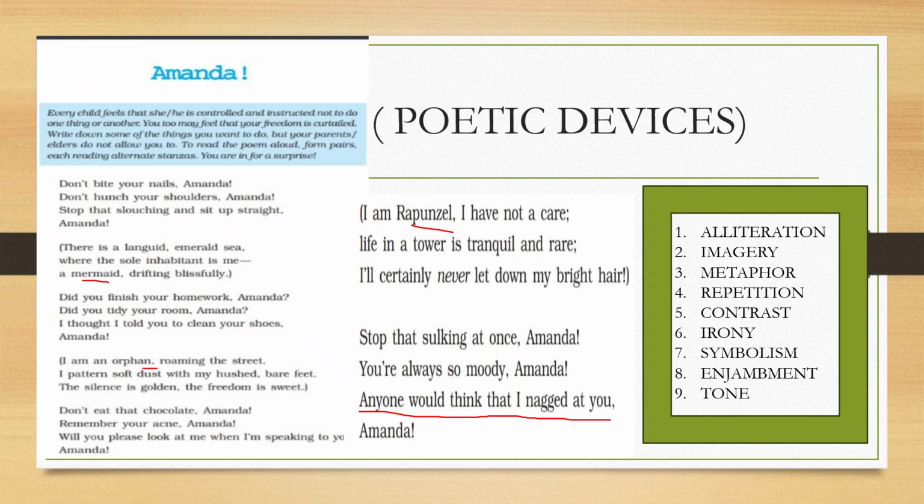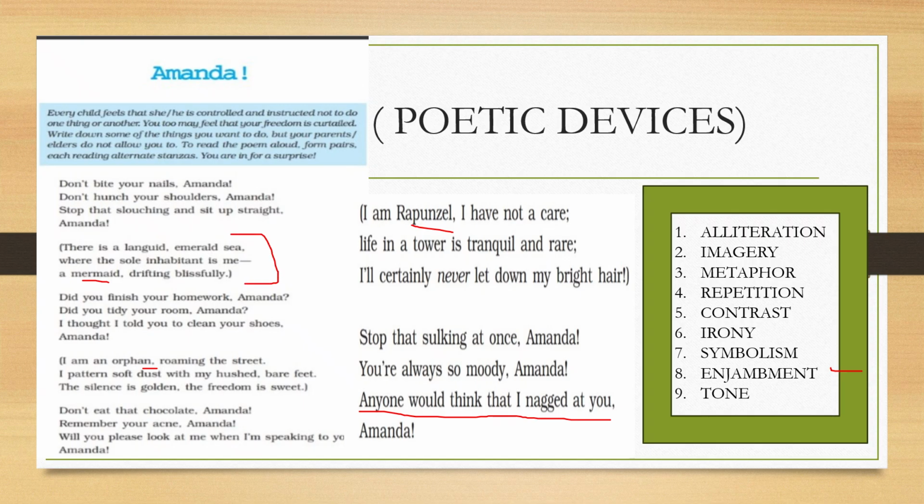Eighth one is enjambment. The definition of enjambment is when a sentence continues from one line to the next without a pause. Here you can see an example in the second stanza.